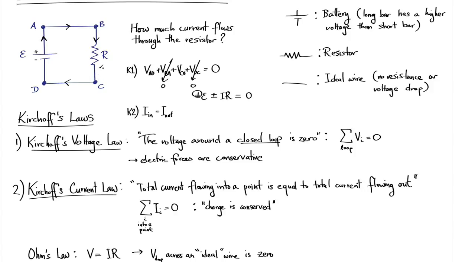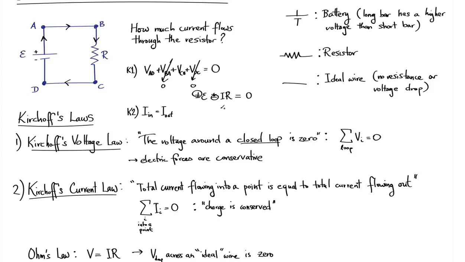And we learned that electric fields always point from higher potential to lower potential. So if you think again of the case of the parallel plate capacitor, the electric field points from the higher potential plate to the lower potential plate, right? So if we go from B to C, we go from a higher potential to a lower potential. So basically, that's a decrease in the potential. So that's going to be a negative sign, okay?